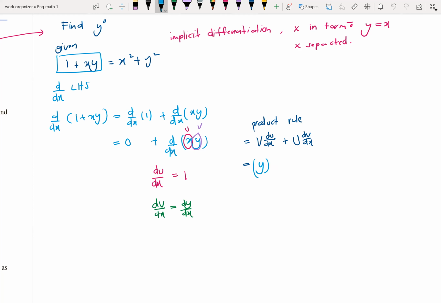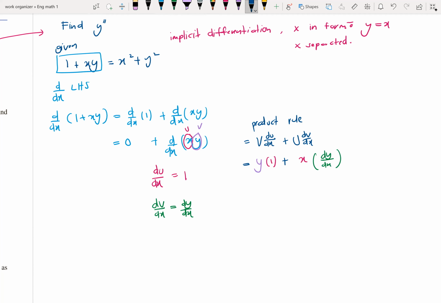Then we have v times du dx, which is y times 1, plus u, which is x, times dv dx, which is dy over dx.